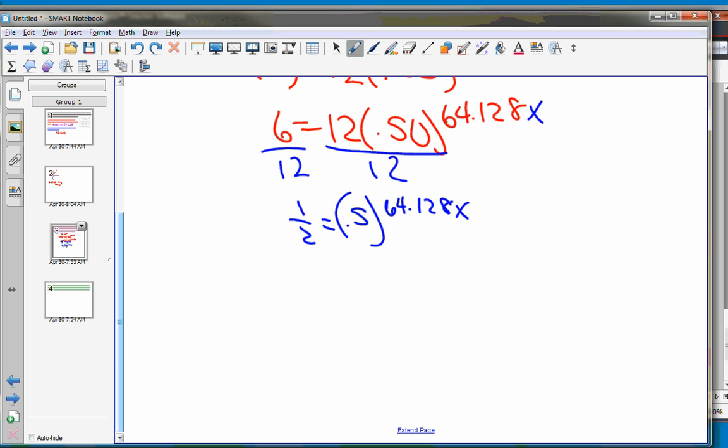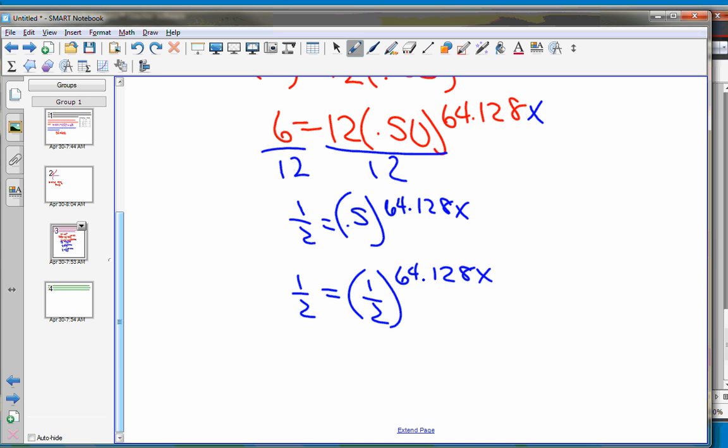What would it take for those two sides to be equal? Okay, what's the relationship between 1/2 and 0.5? They're both half, right? So what you're telling me is I actually have half is equal to half raised to 64.128 times x. So what would it take for those two halves to be equal?